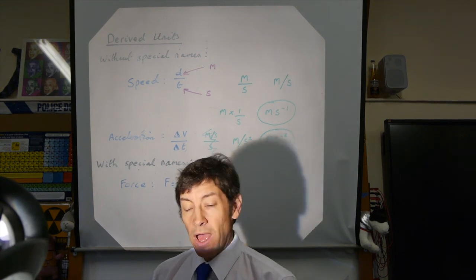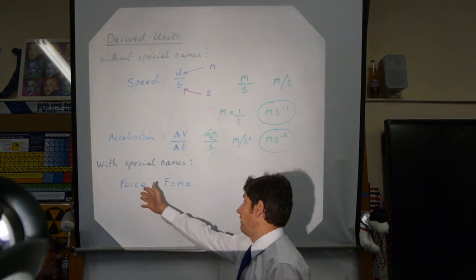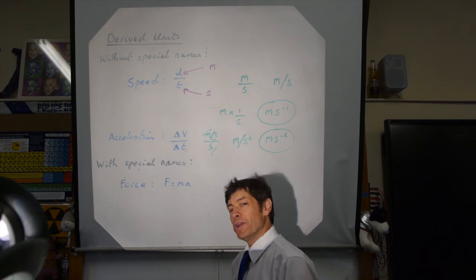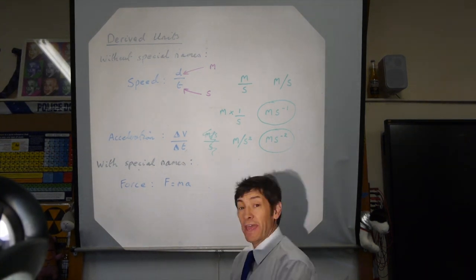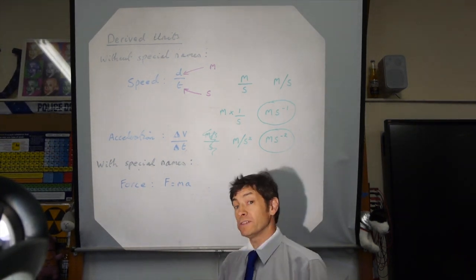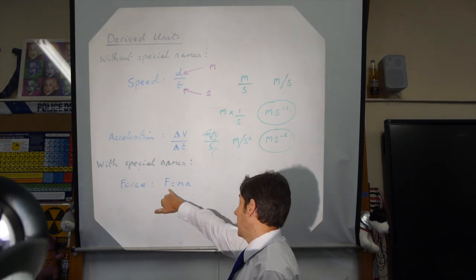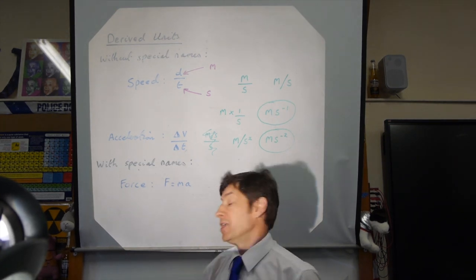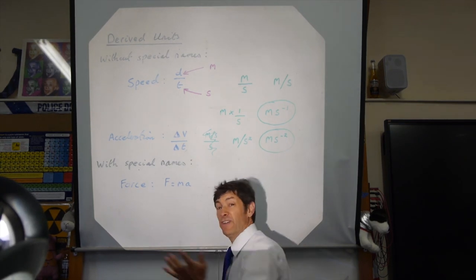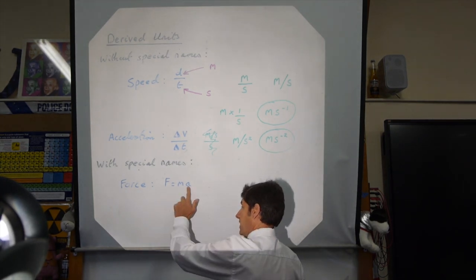The one that we always pick to teach is force, and I'll show you why force has got a special name. What are the units of force? To work them out, a good way is to get an equation that's fairly easy to work with. So F equals ma.